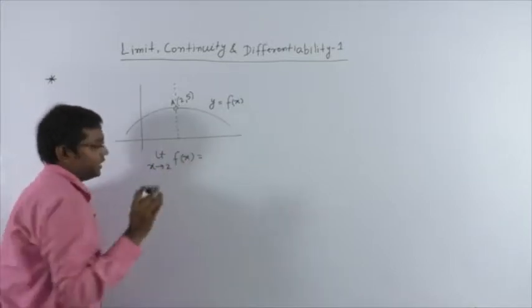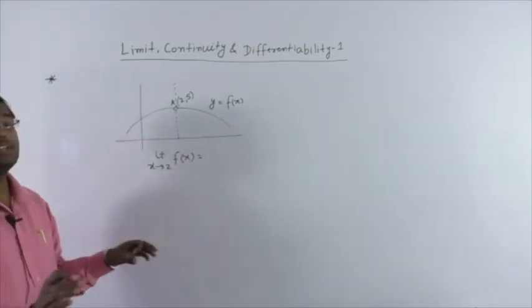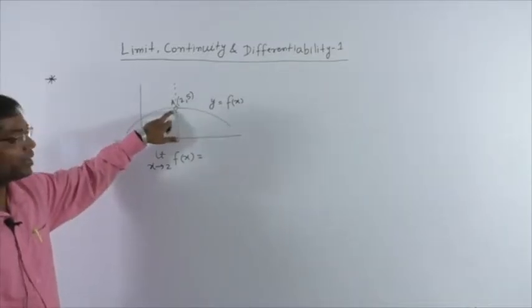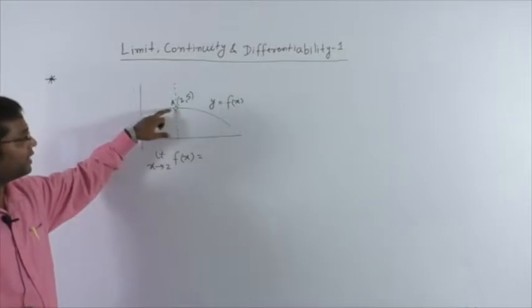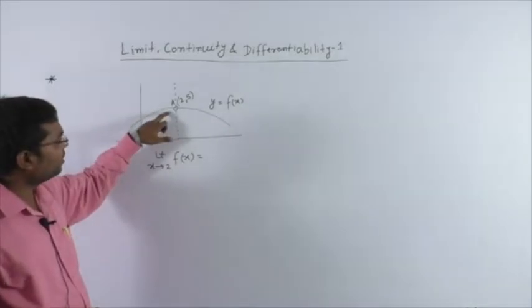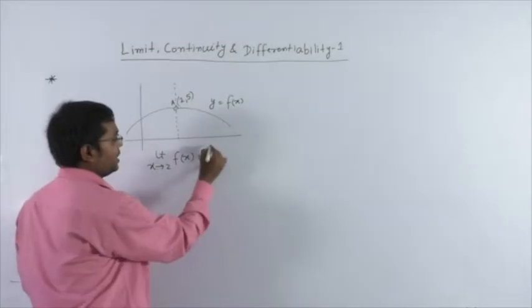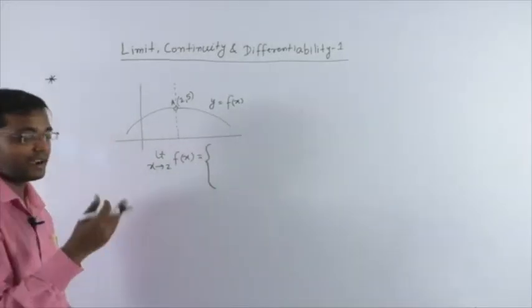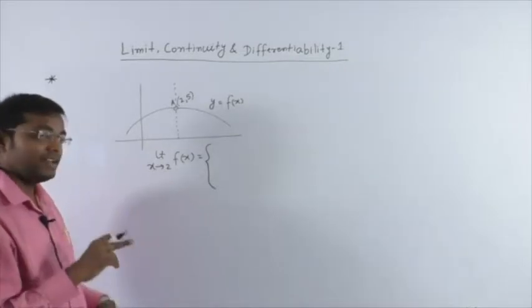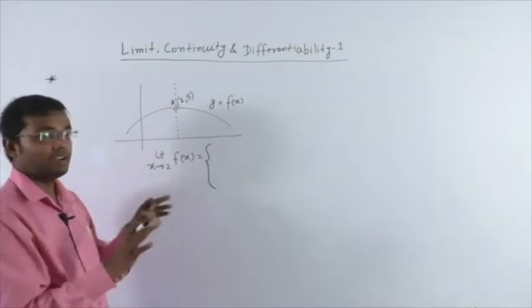What is the value of it? Fine. If you see the graph of y equals f(x), the function is not defined at x equals 2 because this is a hollow bubble, and by hollow bubble we mean that the function does not exist at this point. Okay. Now we have to calculate this limit, which means we have to calculate its left hand limit and right hand limit, and see whether it is coming constant, finite, real and equal also. If that is not coming, the limit will not exist.